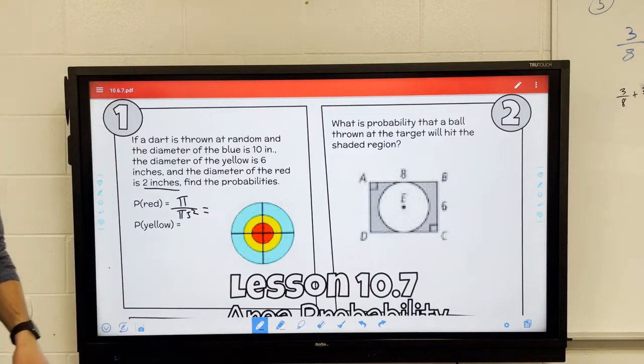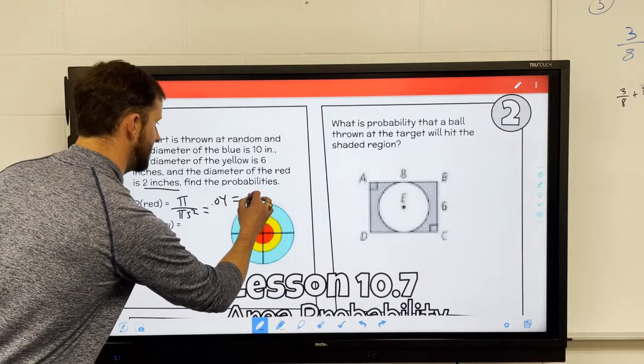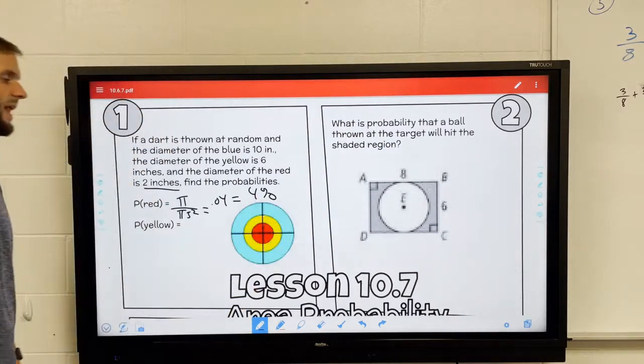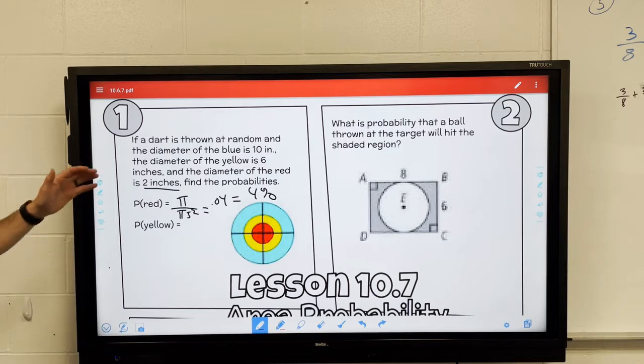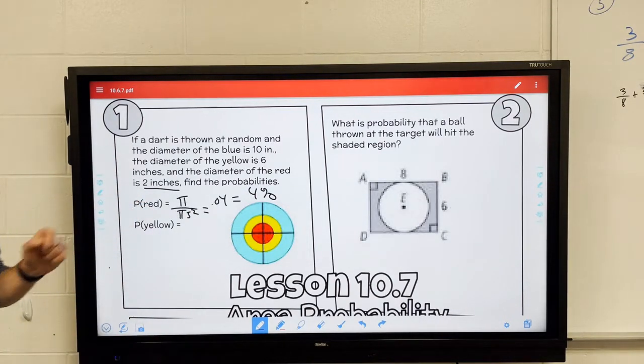In my calculator, I'll do control divide, the pi symbol, then 5 squared times pi, and when I divide that out, it gives me 0.04. Moving the decimal 2 places over gives a 4% chance. Theoretically, if I throw something at this board and hit somewhere on the target, there's a 4% chance that I'll hit the red, a very low chance.